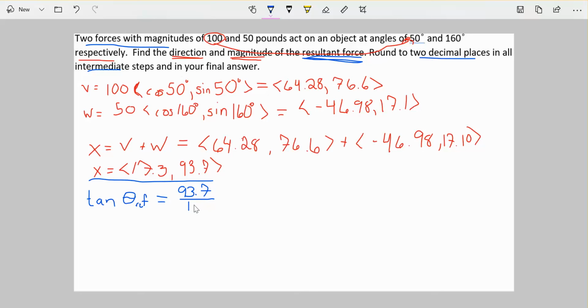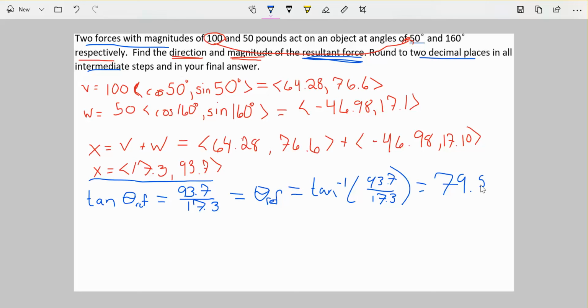So that makes that reference angle, because we take the inverse tangent of both sides, the inverse tangent of 93.7 over 17.3. And if you plug all that into your calculator, you should get that your reference angle is 79.54 degrees. So now we have our direction.